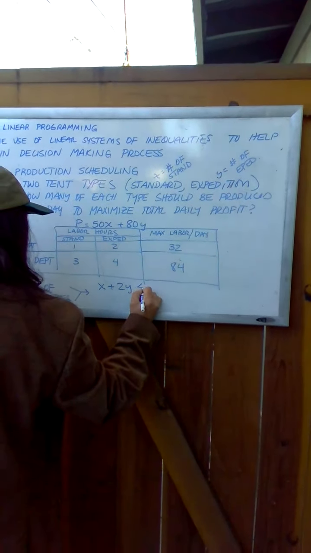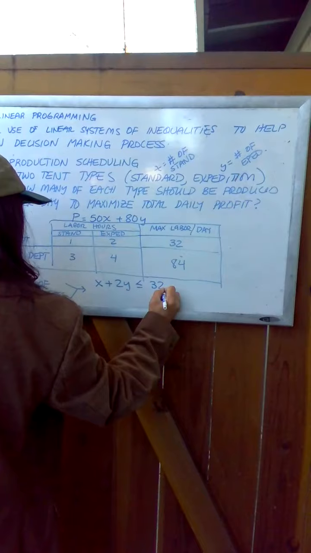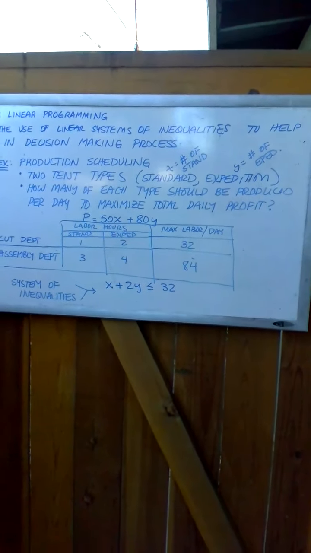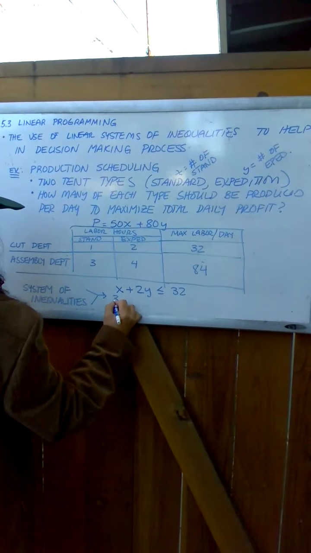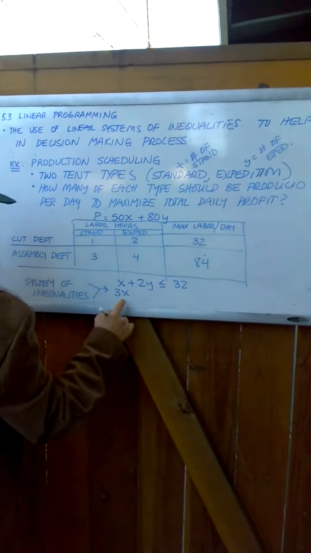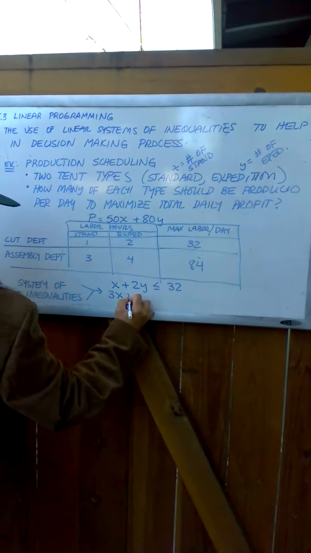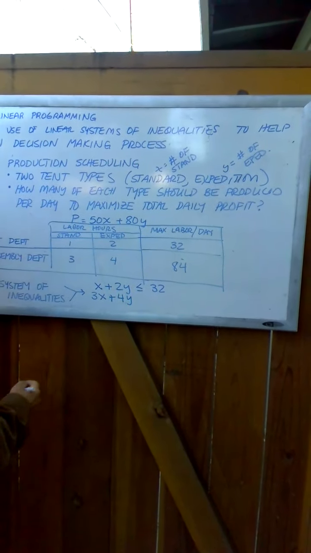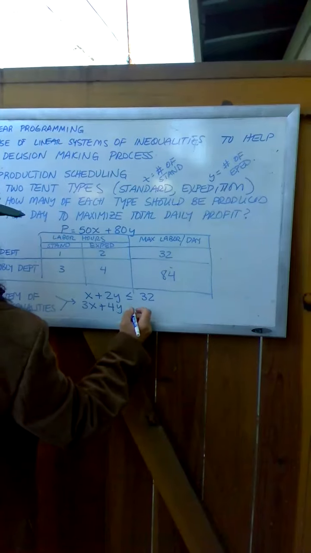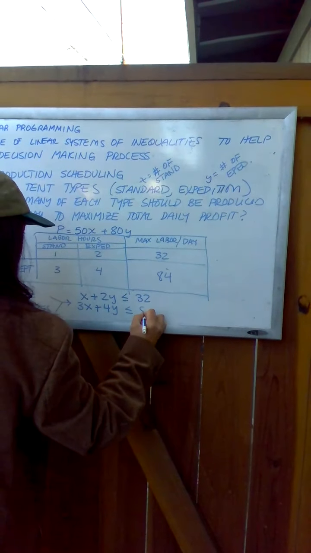But these hours cannot exceed 32 hours, so it has to be less than or equal to that. Over here in the assembly department, we have 3 hours for every standard tent, plus 4 hours for every expedition tent, but those total hours cannot exceed 84 hours.